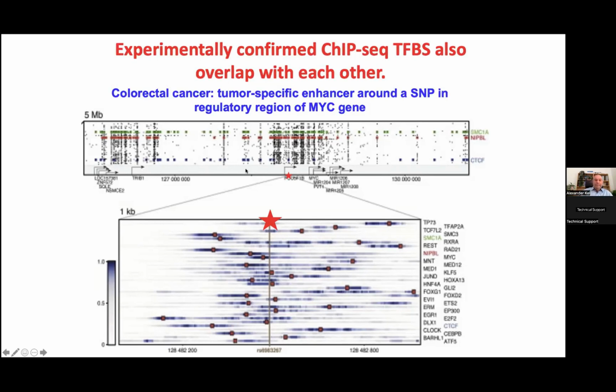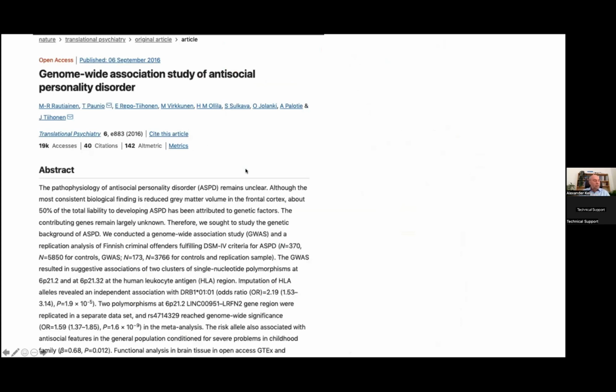Right. Okay. And today I want to show one example using our tool. As an example, I took a set of SNPs which were collected using meta-analysis of genome-wide association studies, comparing different genome-wide association studies for one particular disorder, which is called antisocial personality disorder.